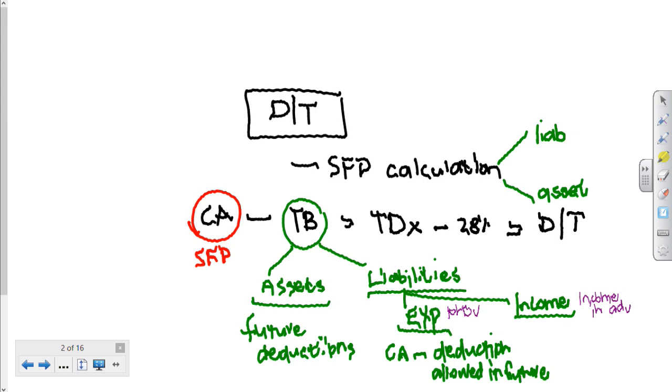We're going to look at them when we look at the examples, but I take the carrying amount of the liability, the amount that's there, and I ask myself how much of this will be allowed as a deduction in future, and I subtract it to get the tax base of a liability.